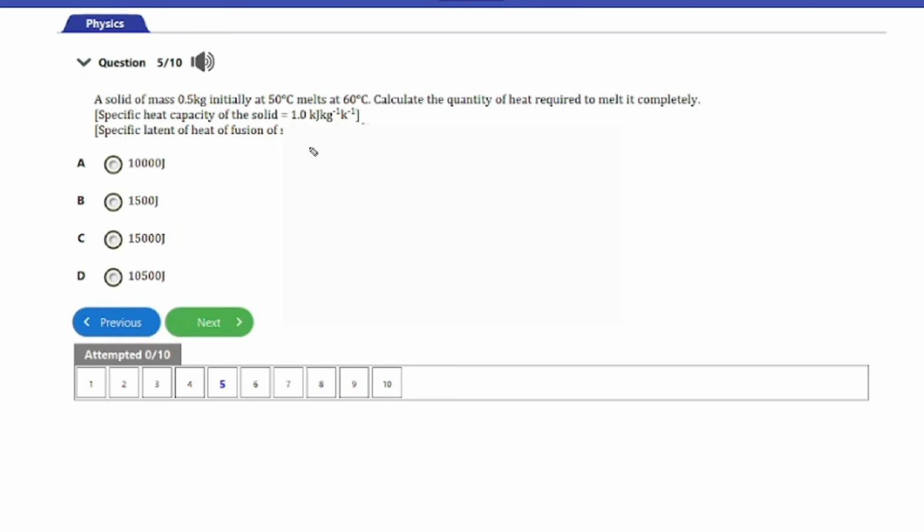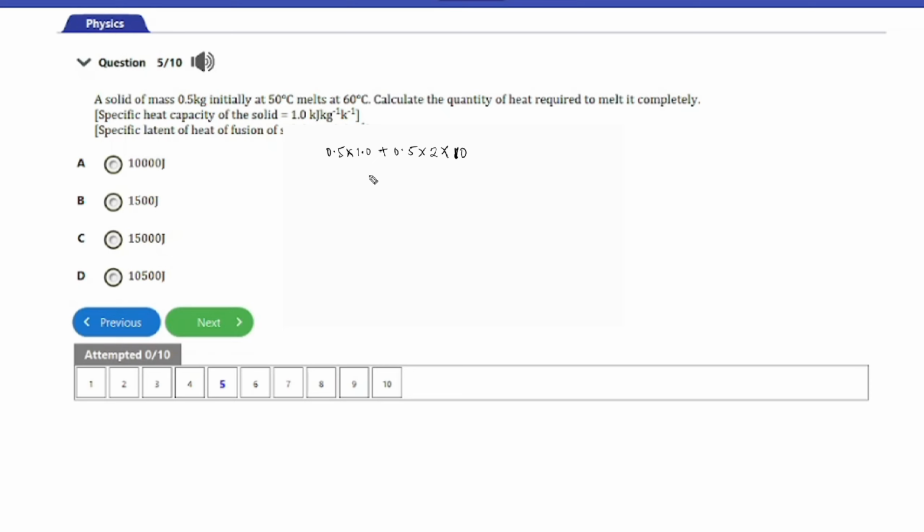So solving with this, we're going to have the mass 0.5 kg times the specific latent heat of fusion, 1.0 kilojoule per kilogram, which is still 0.5 kJ, and this plus the mass 0.5 kg times the specific heat capacity of the solid, which is 2 kilojoule per kilogram per Kelvin, then times the temperature change, that's 60 minus 50, that's 10. So this will here be 10.